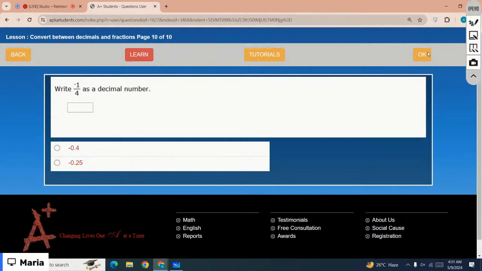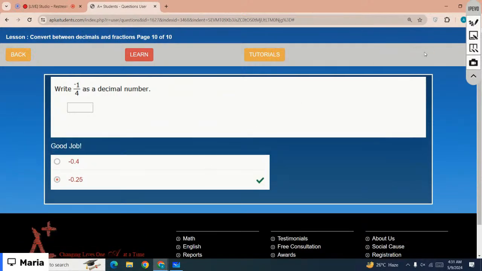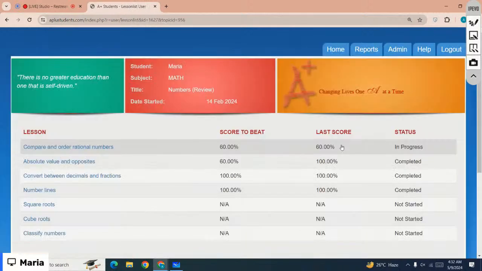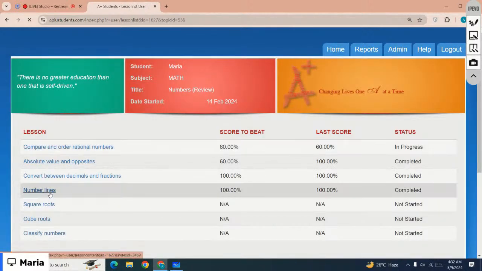That is negative 0.25. Okay, we are done with the lesson. Let's just move on to the next lesson. The next lesson is number lines.